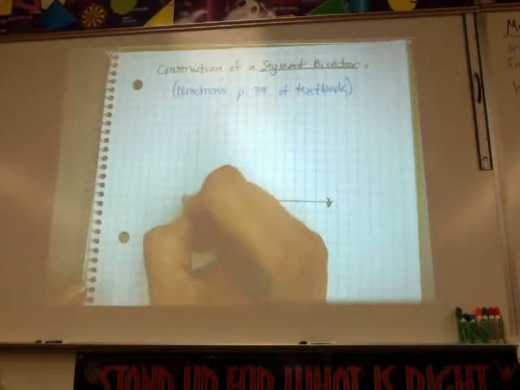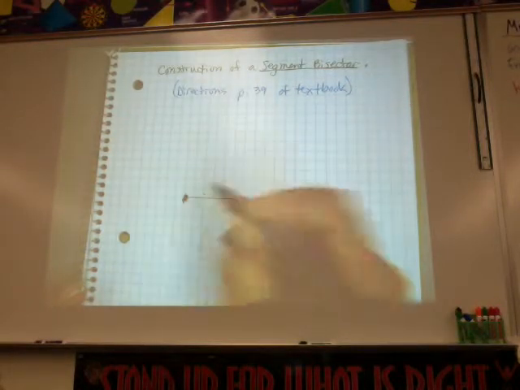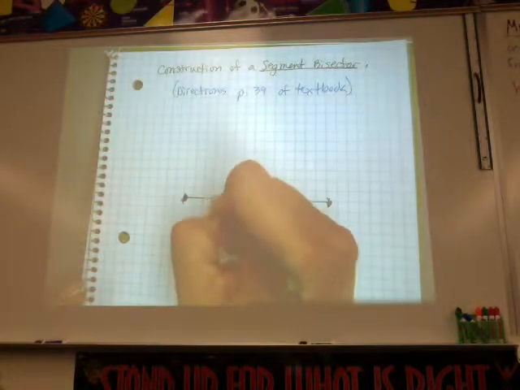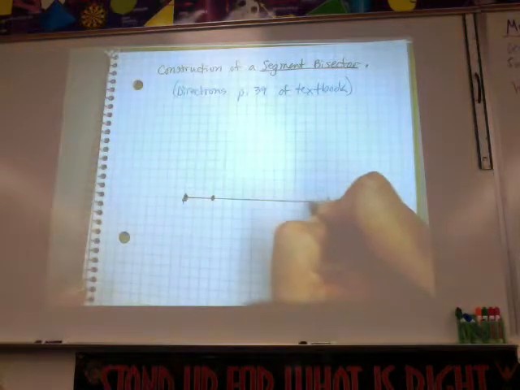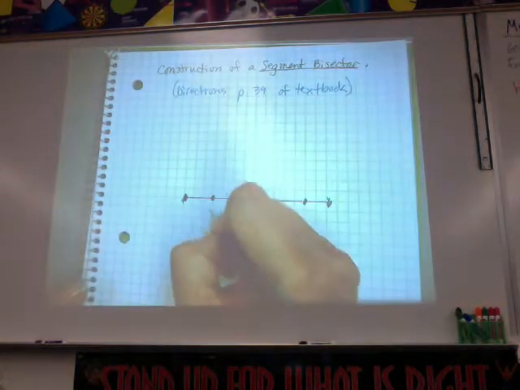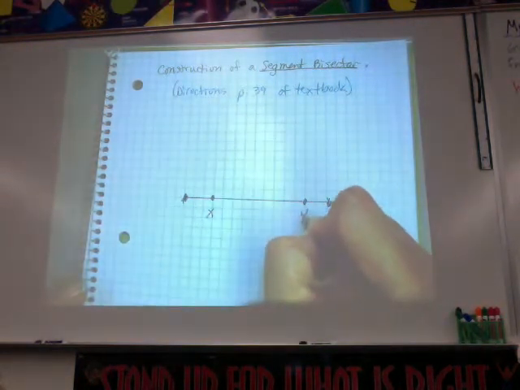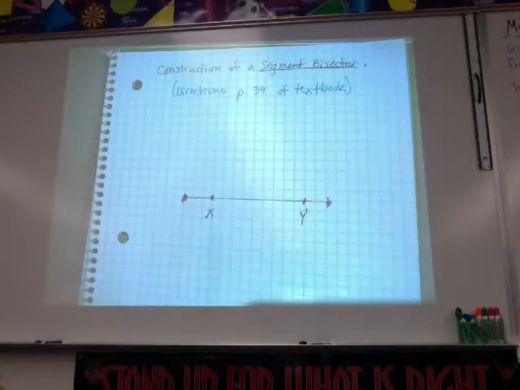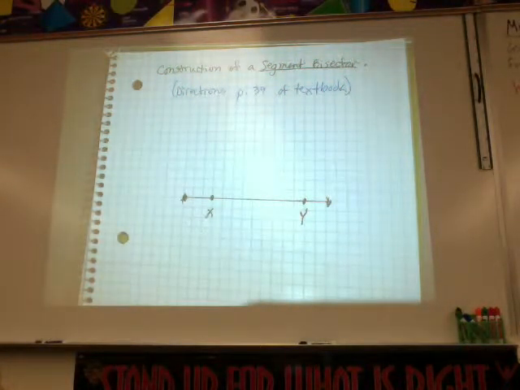Oh, we don't want arrows, we want endpoints. Well, that's fine. You can put a point here and a point here if you want to. Then we're going to bisect the segment from X to Y. You're not allowed to use your ruler to measure this.